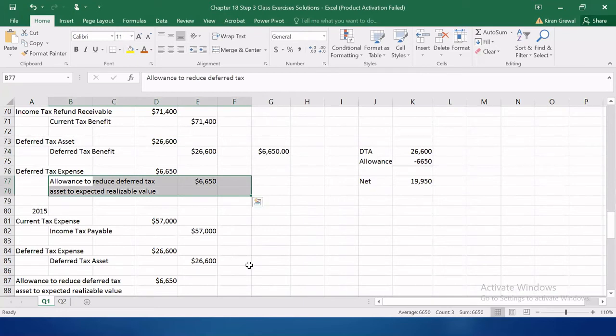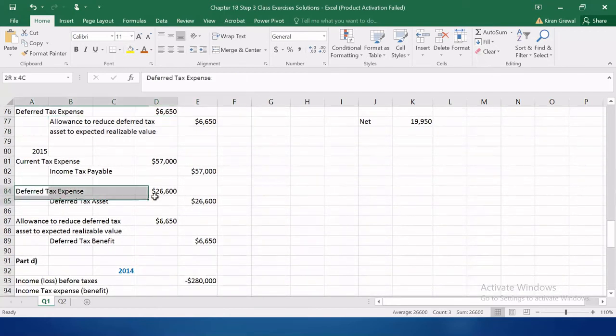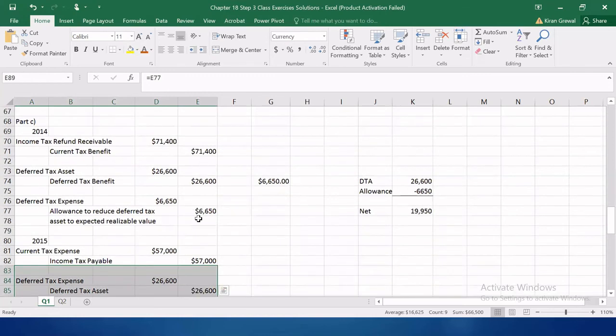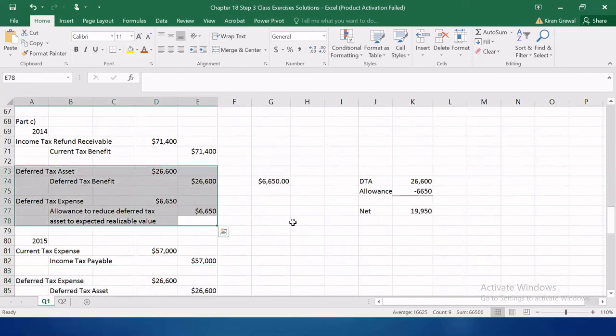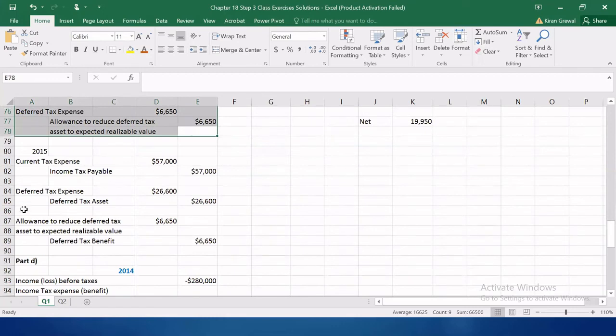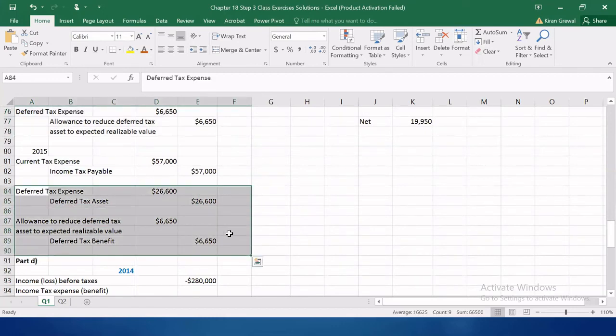So you can't have one without the other. Okay, so we're going to debit deferred tax expense, credit our asset, 26,600, debit our allowance, and credit deferred tax benefit, 6,650. So we have to get rid of both those. So we made 2 journal entries related to the asset. We've used up all of the asset, so we have to get rid of the asset and the allowance.